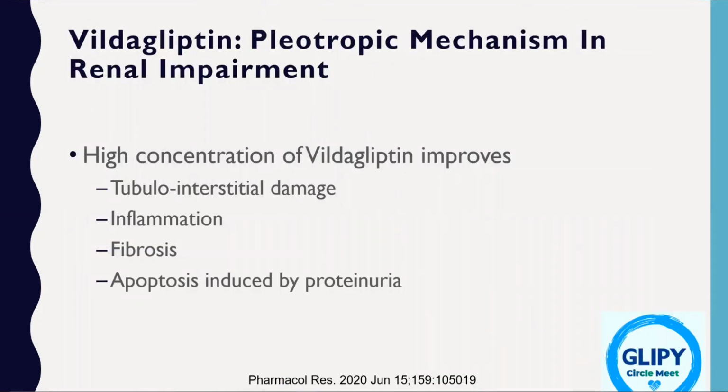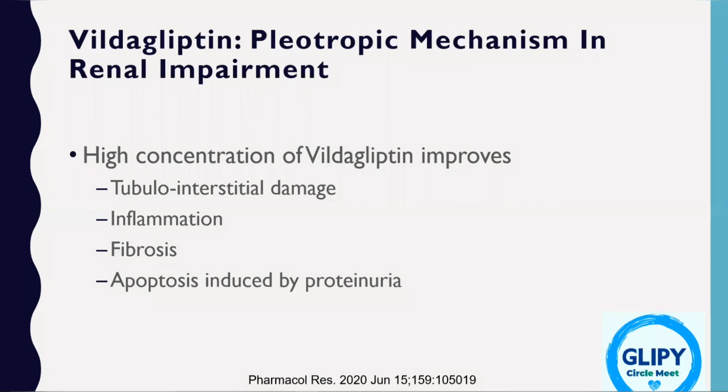Apart from these clinical benefits of control of hyperglycemia, experimental studies, especially in murine models, have actually shown vildagliptin to have additional pleiotropic effects, especially in patients with renal disease. It helps in minimizing tubulointerstitial damage, inflammation within the renal parenchyma, as well as fibrosis, and it also helps to reduce apoptosis.